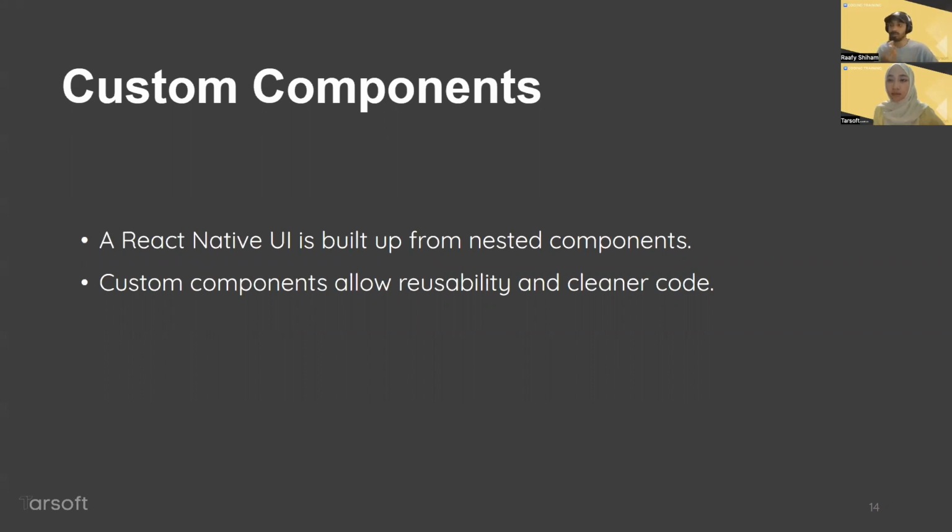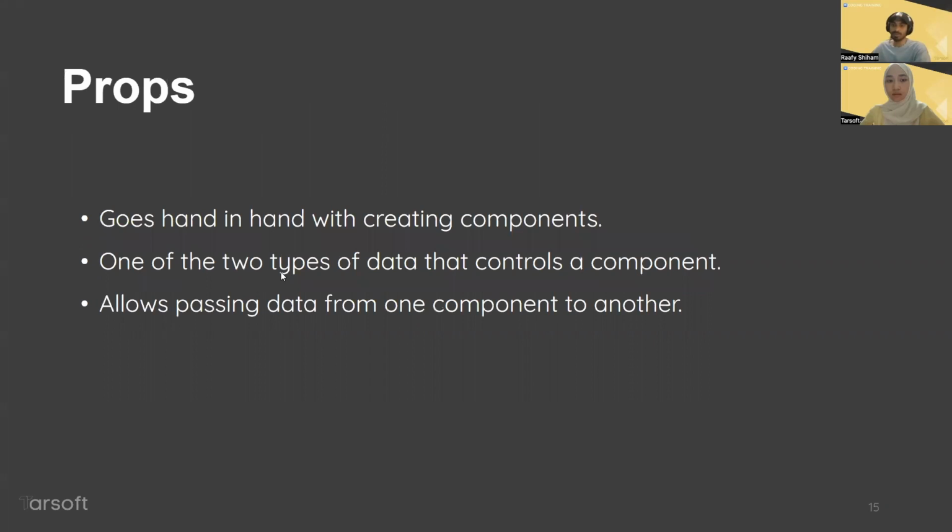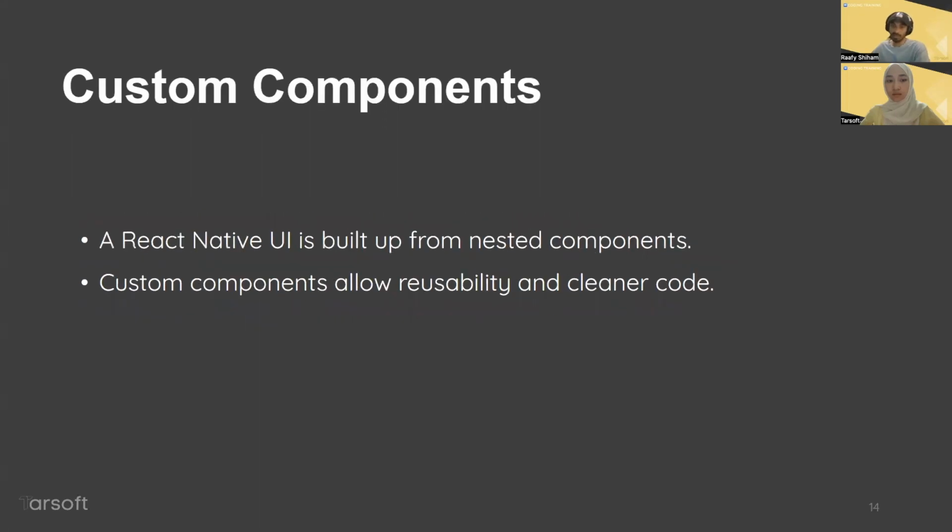For example, customized buttons, we can use them throughout the whole app. So we can create a custom component with that specific button, and we can reuse it again and again inside the application. We can move into an example.